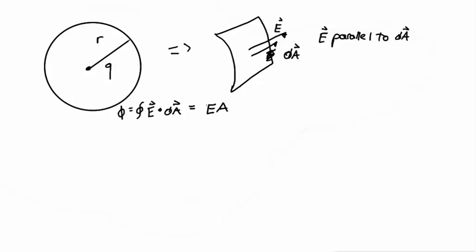E is constant everywhere, so I can take it out of the integral, and then we're just taking the surface integral of dA, which is just A. This is like integrating dx to get x, but since we're taking a surface integral, we get the area A.